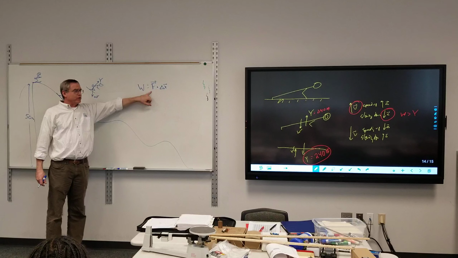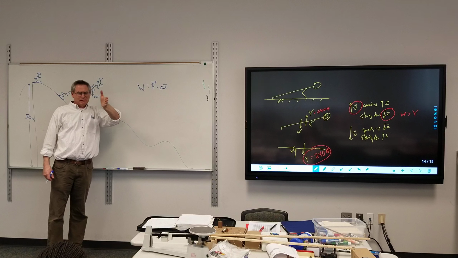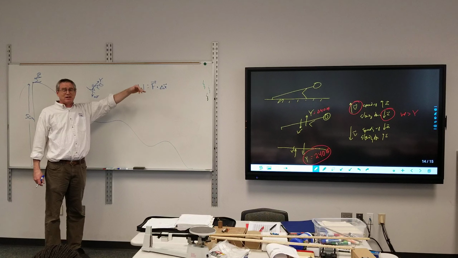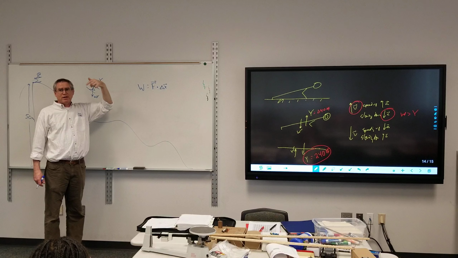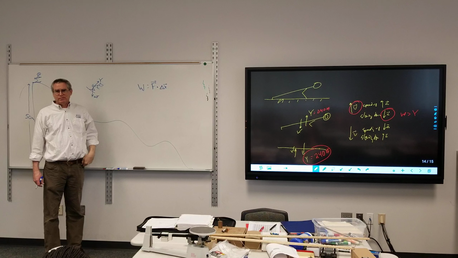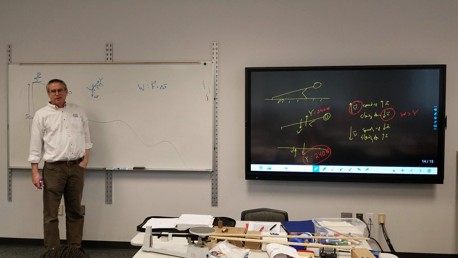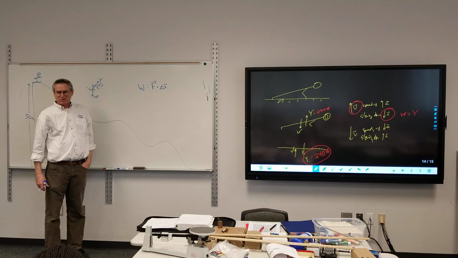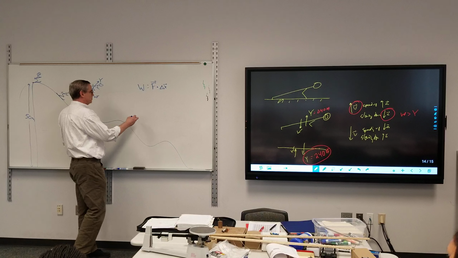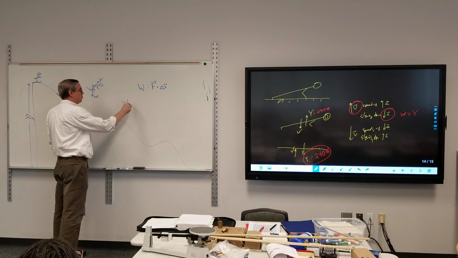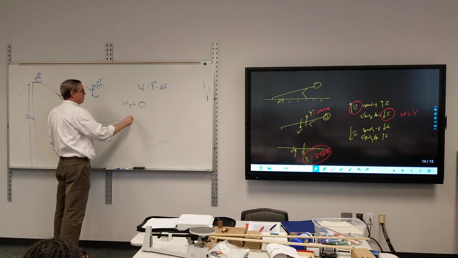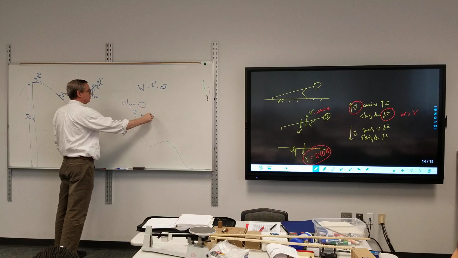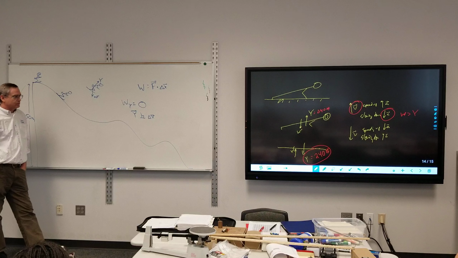Since that instantaneous force is perpendicular to his instantaneous displacement, what is the work being done by the normal force? Doing a dot product with two vectors. Zero. It is indeed zero. So the work done by the normal force is zero, because the normal force is perpendicular to the displacement throughout the entire trip.